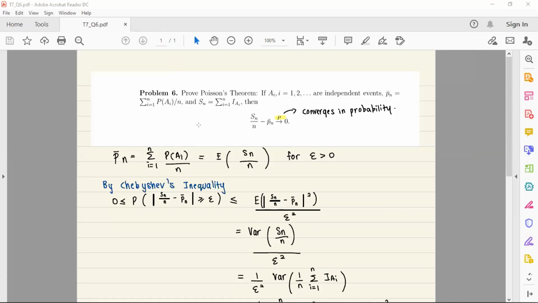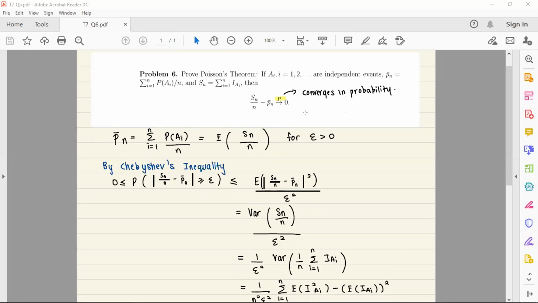For question 6, we need to prove Poisson's theorem: if Ai, where i equals 1 to n, are independent events, and P̄n equals the summation from i equals 1 to n of the probability of Ai over n, and Sn equals the summation of the indicator function of Ai, then Sn over n minus P̄n will converge in probability to 0.